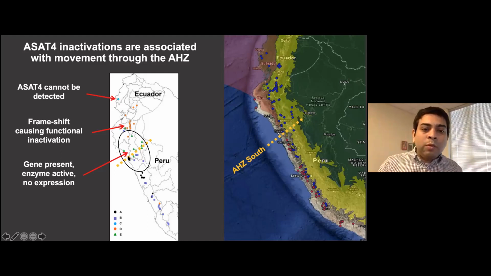And this region maps very closely to where the inactivation of ASAT4 has occurred. So I'm not saying movement into the Andes was the cause of inactivation, but it's certainly associated with inactivation of ASAT4 and emergence of a new acylsugar phenotype.